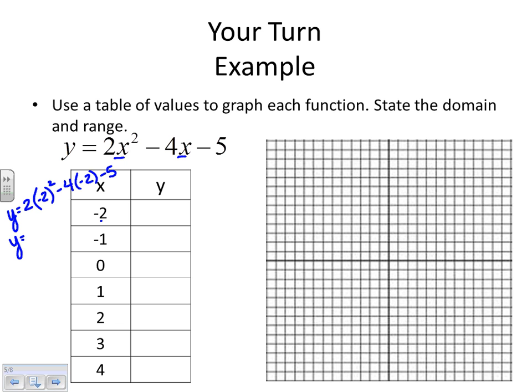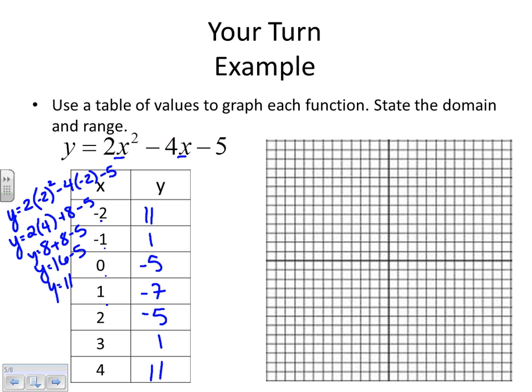And we get y equals 2 times 4 minus negative 4 times negative 2, which is positive 8, minus 5. 8 plus 8 minus 5, 16 minus 5, and y equals 11. You do that for each one of these, and you should have gotten 1, negative 5, negative 7, negative 5, 1, and 11.